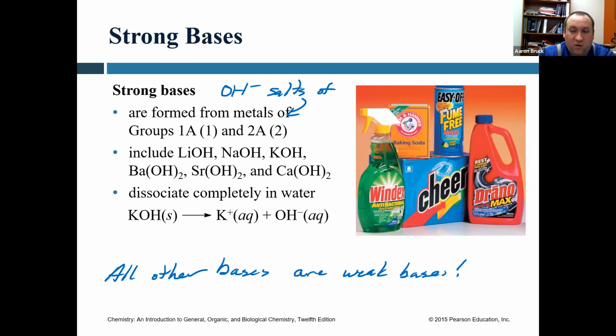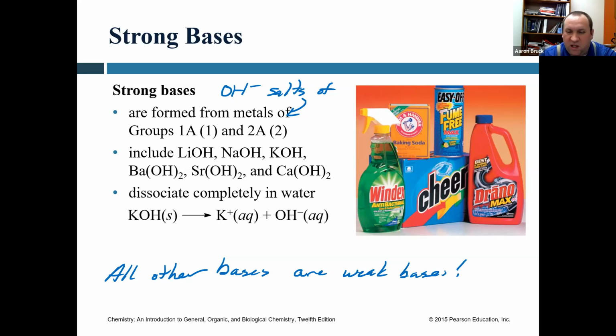So this would include anything like aluminum hydroxide, or one of the transition metal hydroxides like iron 3 hydroxide or copper 2 hydroxide, which, yes, they have basic characteristics if we can get them to dissolve in water. Problem is, most of them we can't get to dissolve in water, and if we could, it would only dissociate weakly. And so as a result, they don't tend to be in use very often.